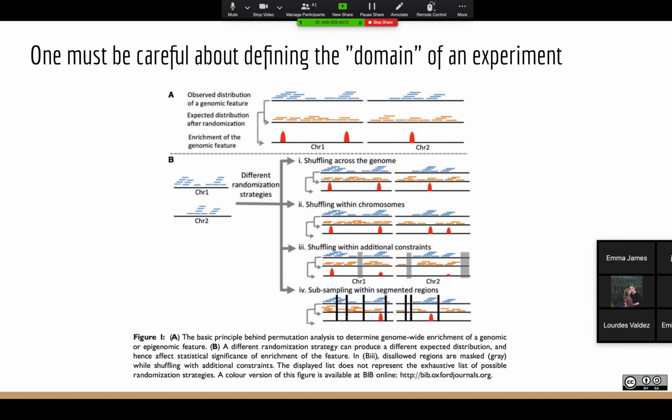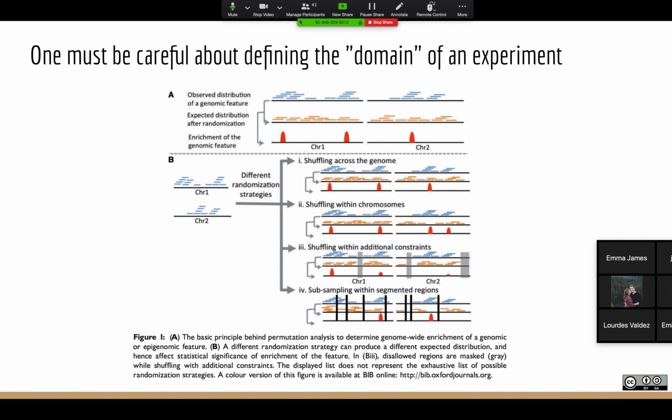So it might be that if we excluded telomeres and centromeres and gaps, then maybe we occasionally see a couple intersections, or maybe a couple hundred even. I don't know. We don't need to do the experiment. But I think it's worth thinking about, when you do these types of experiments, what are the boundaries? What are the constraints on the experiment you're doing?